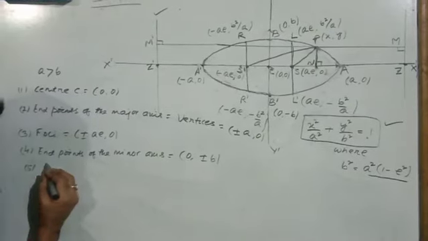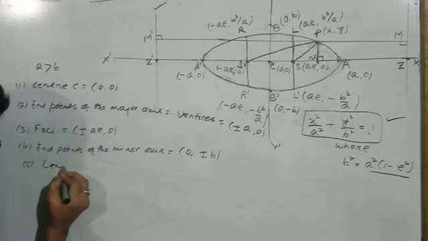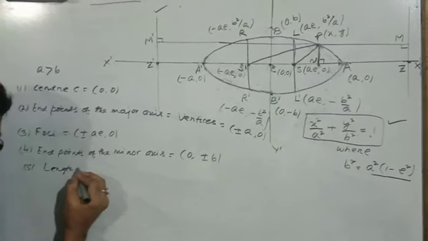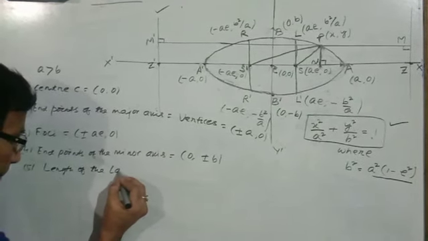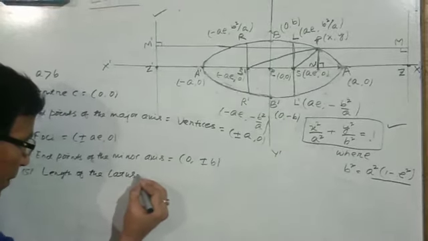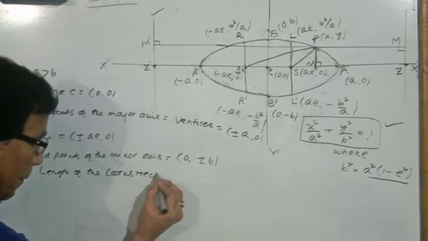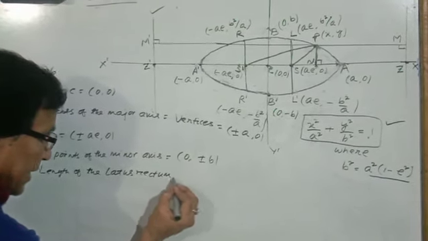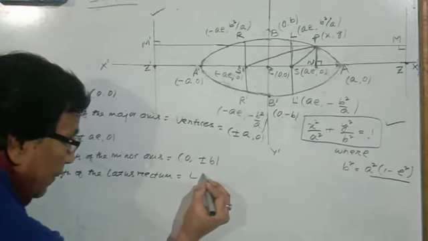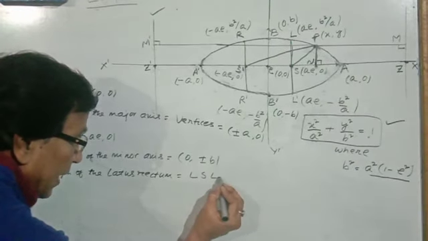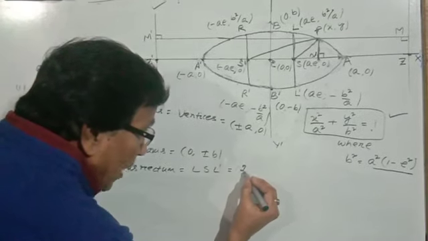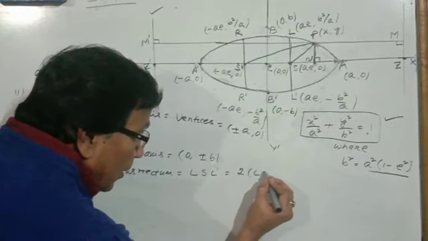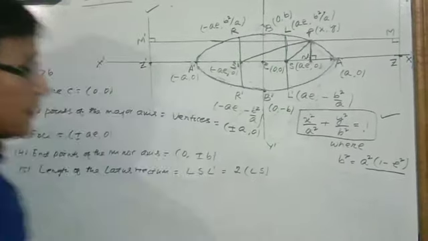So, length of the latus rectum is equal to LSL', and LSL' is twice of LS.